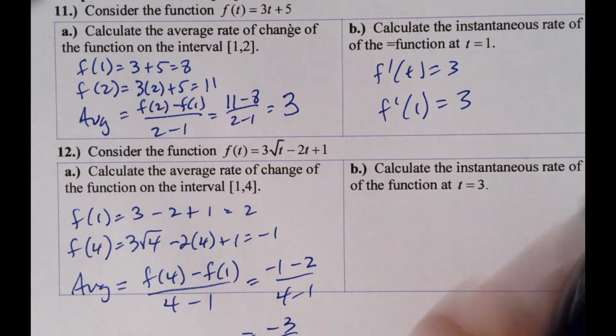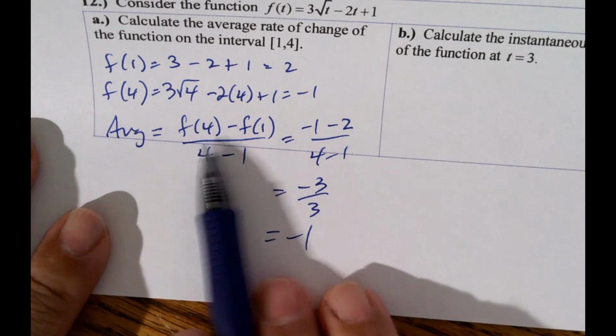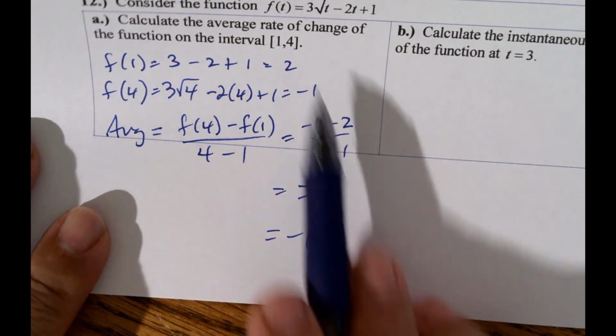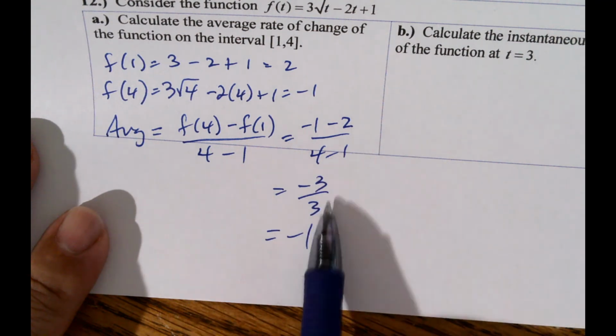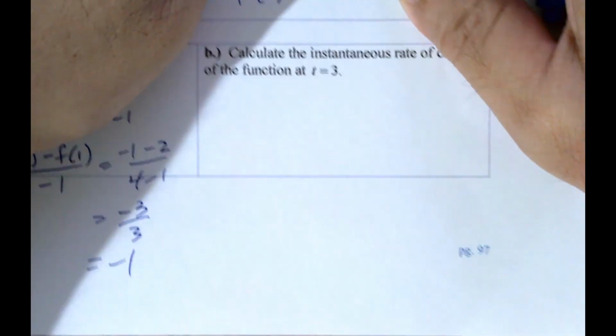So the average slope is, oops, sorry, average slope is negative 1. So I did f of 4 minus f of 1 over 4 minus 1. That's negative 1 minus 2 over that, so it turns out to be negative 1. That's it. Sorry about that. I'll probably make the same mistake again.